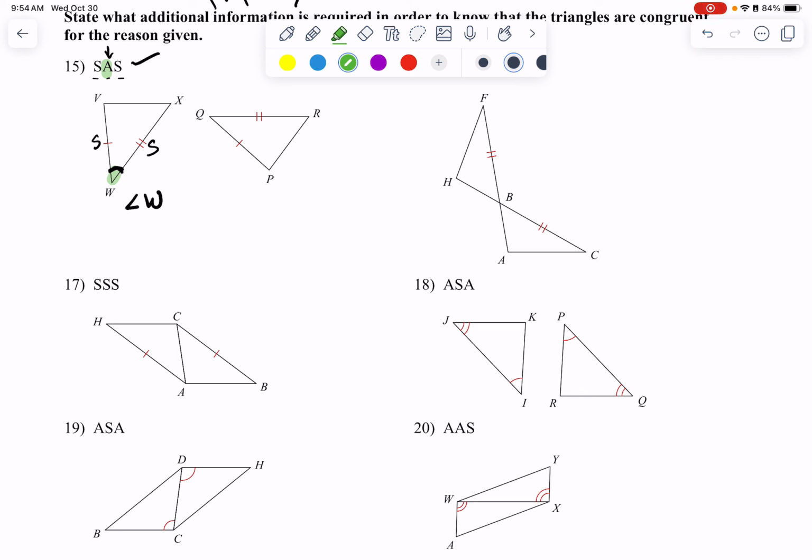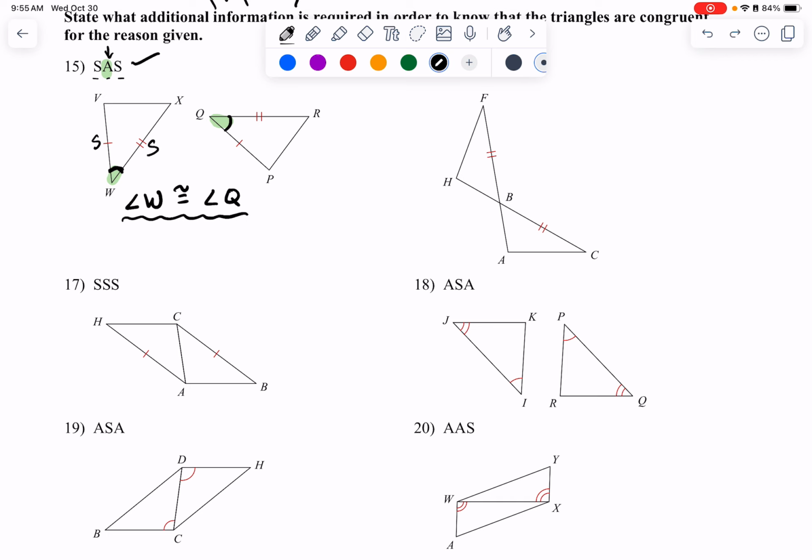Similarly, we're looking for the missing angle between the other 2, which would be angle Q. For me to have side angle side, I would have also needed the extra information that angle W is congruent to angle Q. It was not given to me, but if it were, that would complete side angle side.